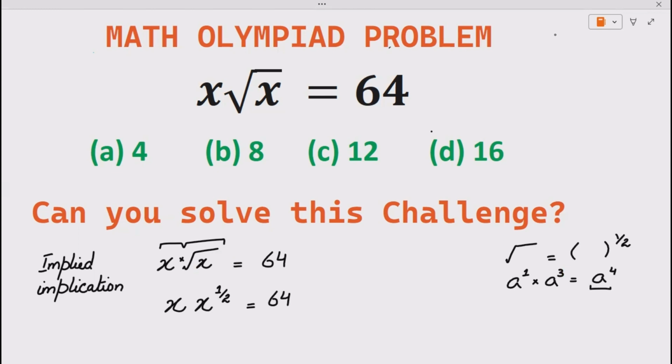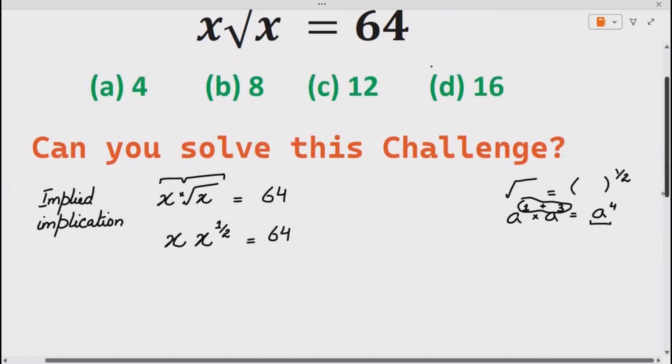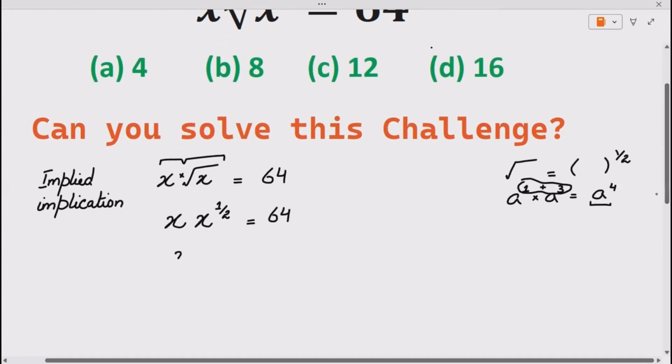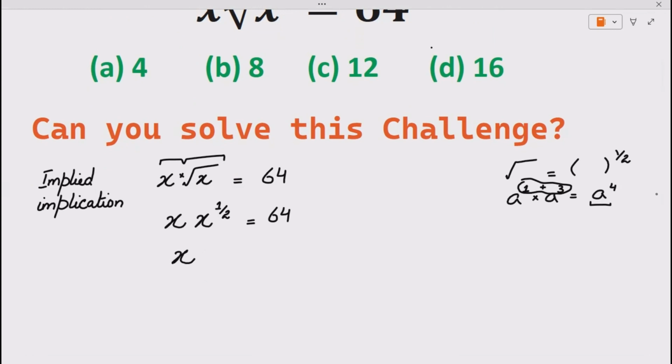So we add these two powers. Here we can do the same thing: x raised to the power 1, since there is nothing written, it means the power of this x is 1, plus half is added, because the base is the same, equals 64. This is the second step.